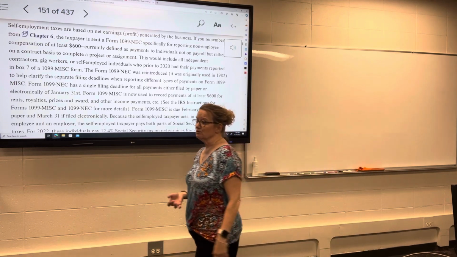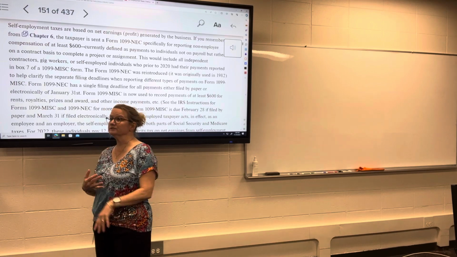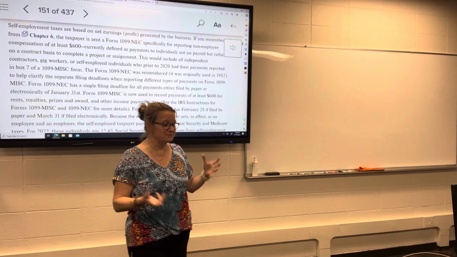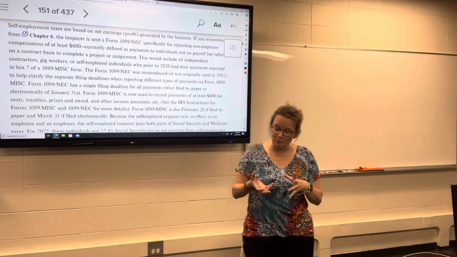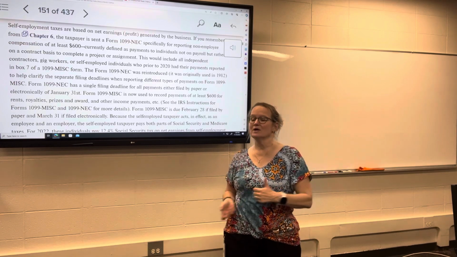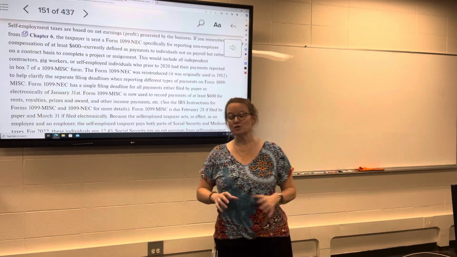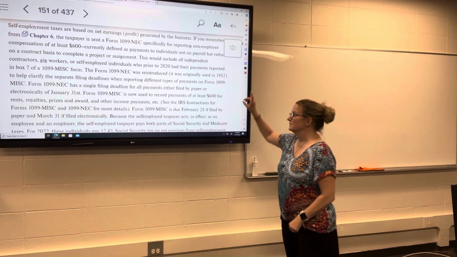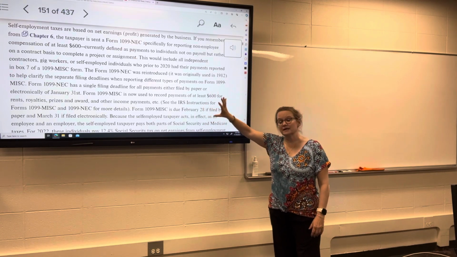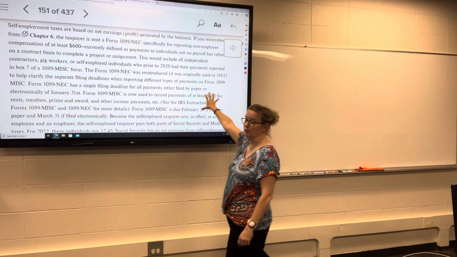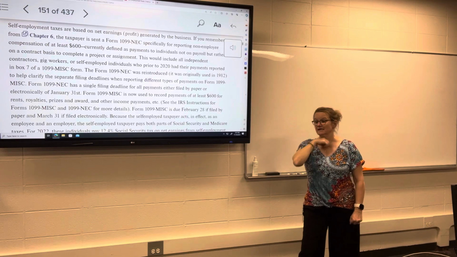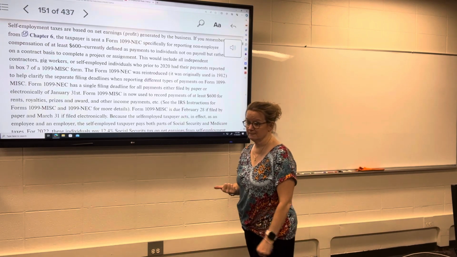Rent income, royalty income, other miscellaneous types of income, and so it was reported together with income that wasn't subject to self-employment tax, which was kind of confusing, right? So they separated out the income that is subject to self-employment taxes, and now it has its own reporting form, which is this 1099 NEC. So if income is on that NEC, it is subject to self-employment tax, okay?